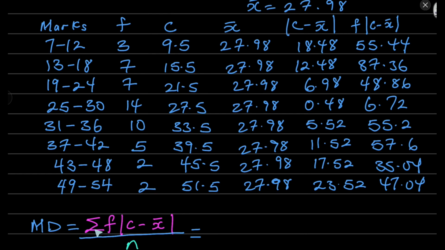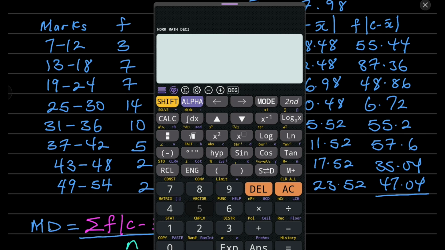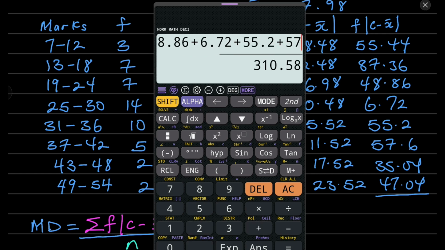Okay, moving on. The next thing is to find the summation of everything. So we just sum this up: 55.44 plus 87.36 plus 48.86 plus 6.72 plus 55.2 plus 57.6 plus 35.04 plus 47.04.